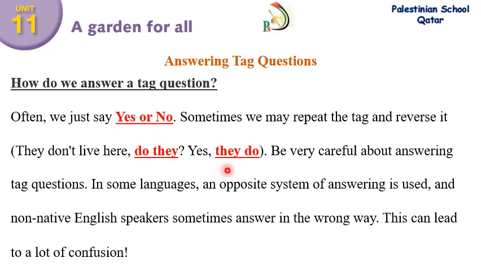Yes, they do. Be very careful about answering tag questions. In some languages, an opposite system of answering is used, and non-native English speakers sometimes answer in the wrong way. This can lead to a lot of confusion.